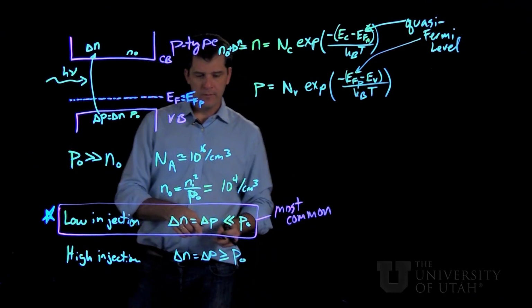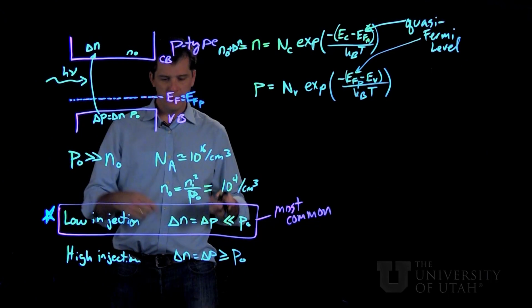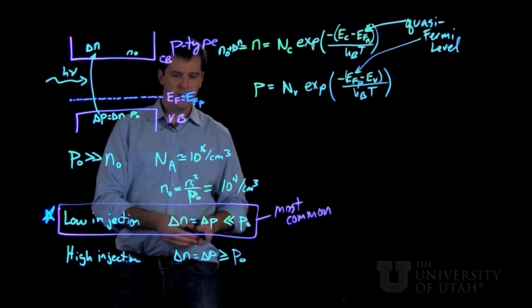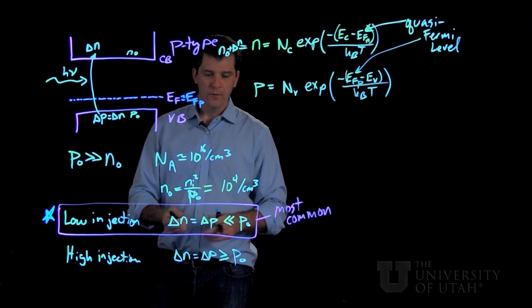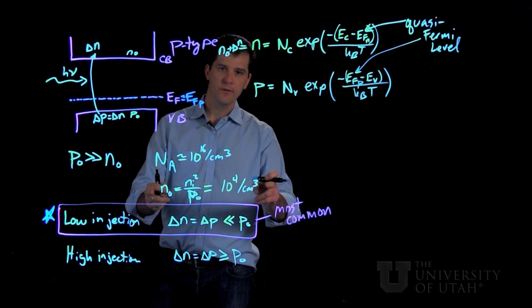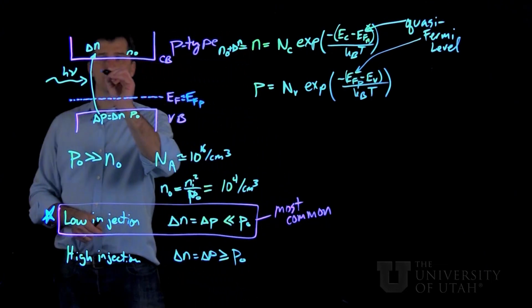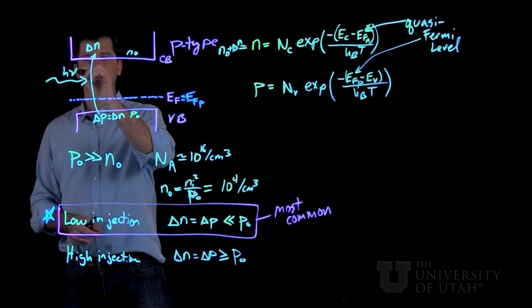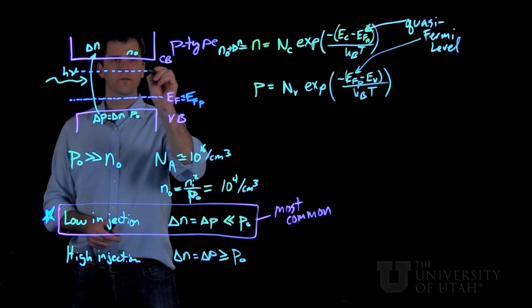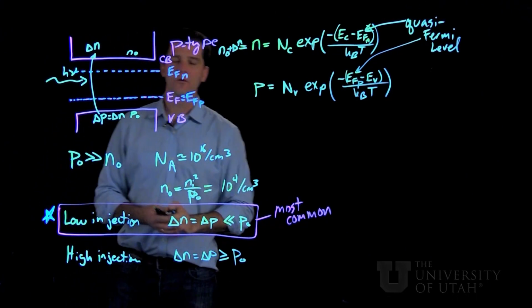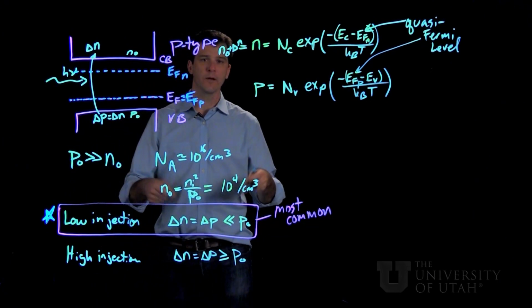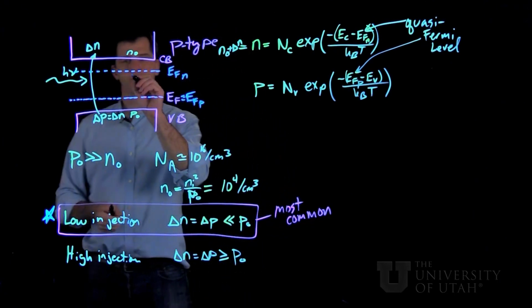However, in this example, let's imagine that we have delta n somewhere around 10 to the 12 per cubic centimeter. So 10 to the 12th is much, much bigger than this 10 to the 4th, and this is where the action really happens. So now we have to move our quasi-Fermi level for the electrons by a significant amount in energy.